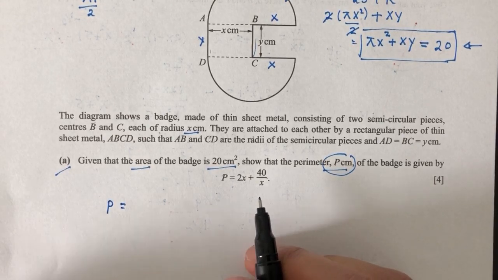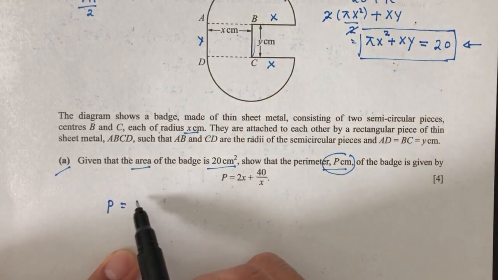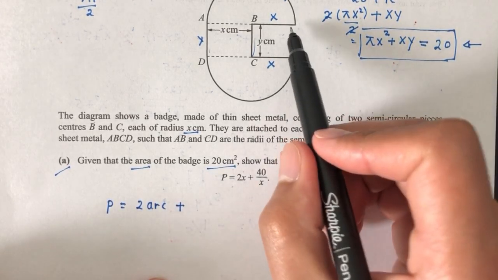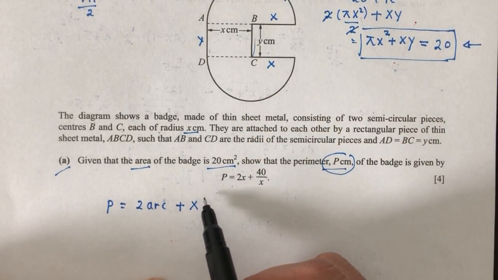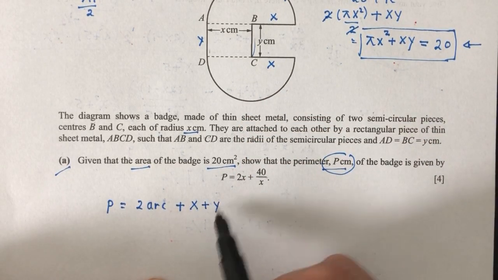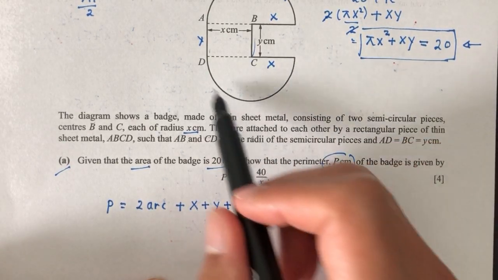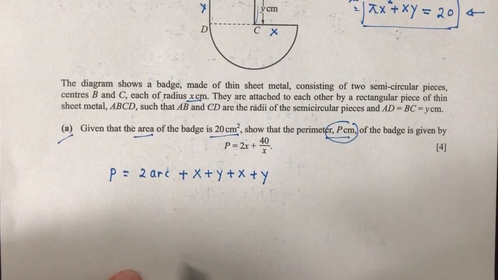Usually we'll have 2 arcs. So 1 arc here and 2 arc here. So 2 arc plus, this one is x, this one is y, and plus x, and then we have this already, so we have the plus y. So let's find the value for the arc.